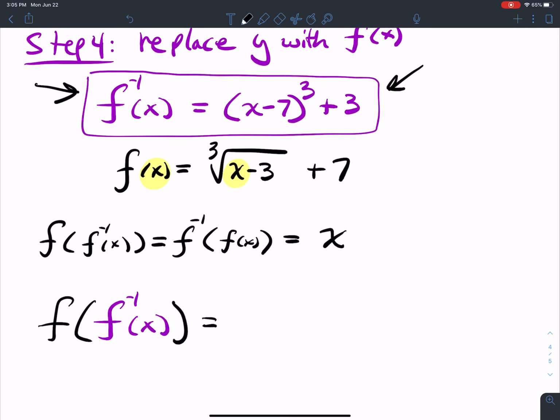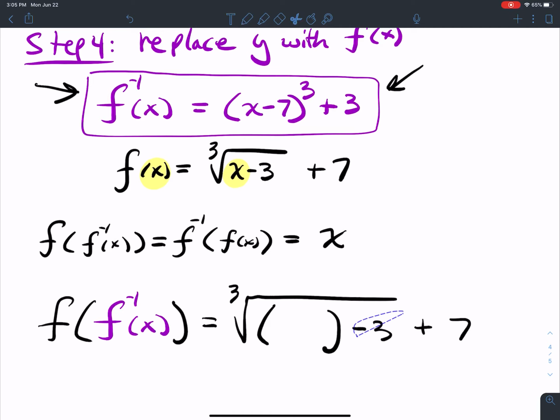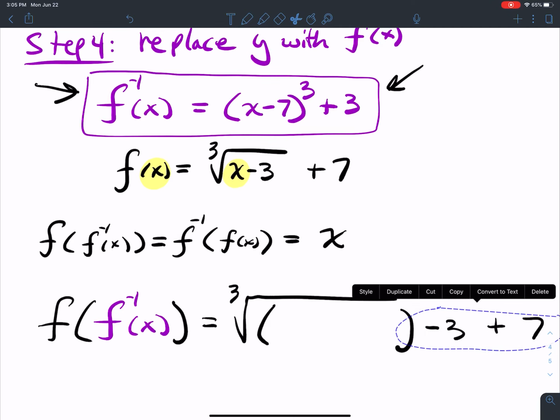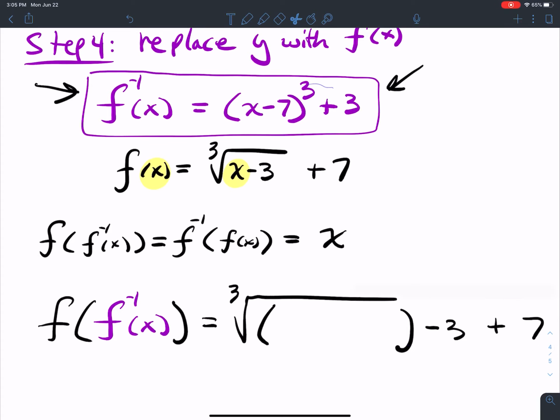So this is the cube root of (something minus 3) plus 7. I need to make this a little bit bigger so that everything in here will fit. That's my something.